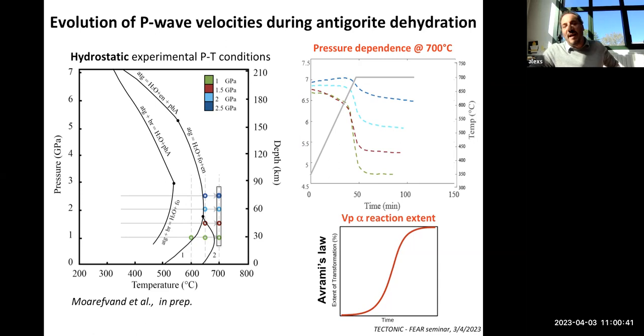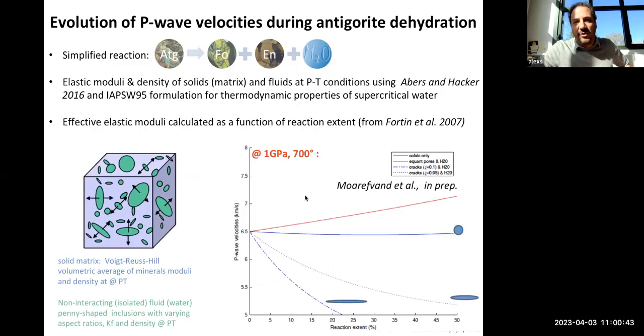Yes, it is capturing it to a certain extent, because we are doing the reaction as a function of reaction extent. So you see here, you're plotting P wave velocity as a function of reaction extent. And if you give an Avrami's law for the reaction extent, your P wave velocity will give you the sigmoidal shape.